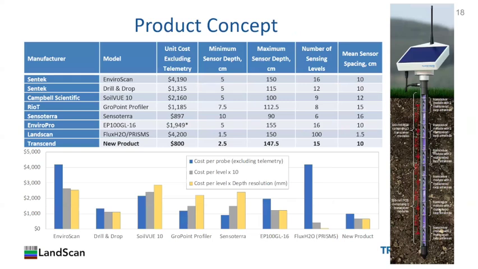This is the cost comparison and the data density per cost. This would be a string of 10 of these, and we built up a notional design and a bill of materials, and we talked to a contract manufacturer about what it would take to build that, and that's how we arrived at this cost estimate for what we could achieve. I don't know if I answered that question adequately.